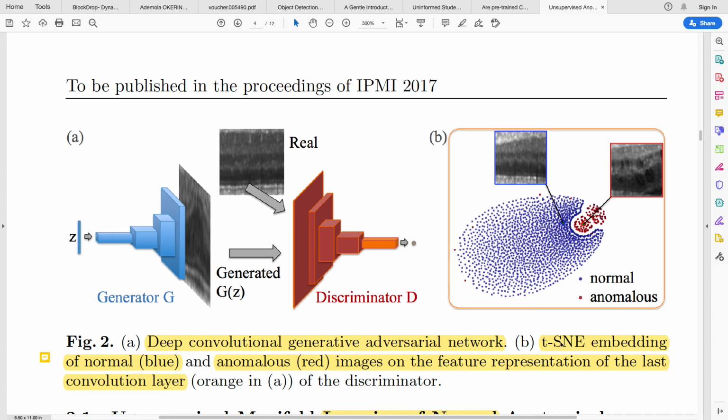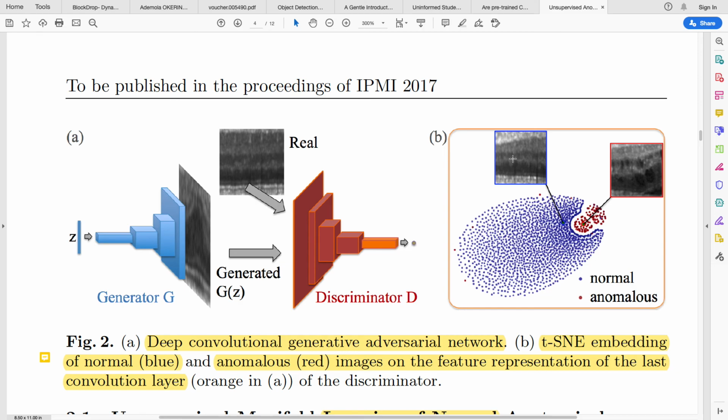So here they did a t-SNE visualization of anomalous data.